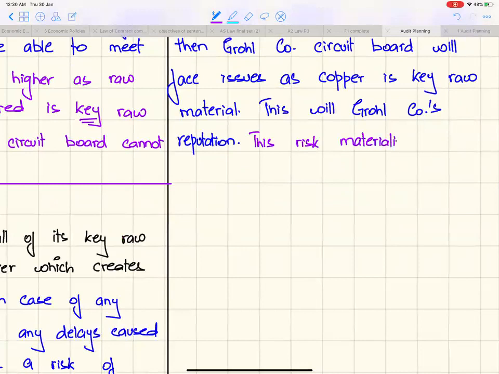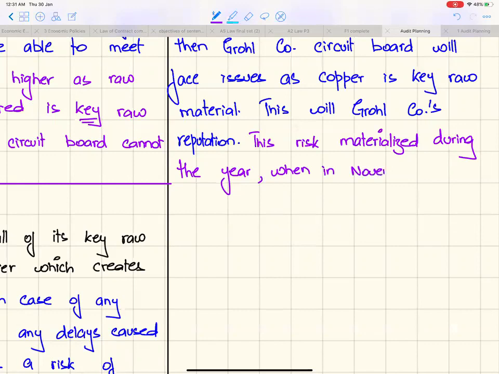This risk materialized during the year, when in November 2012, faulty circuit boards were supplied due to corroded copper.